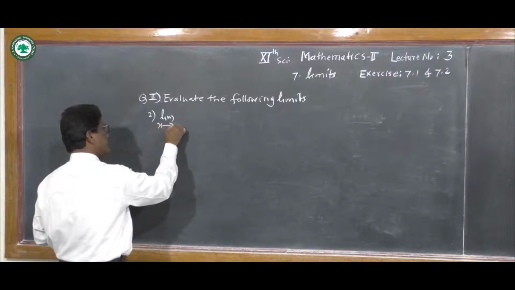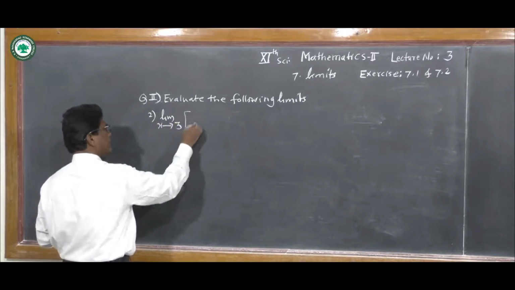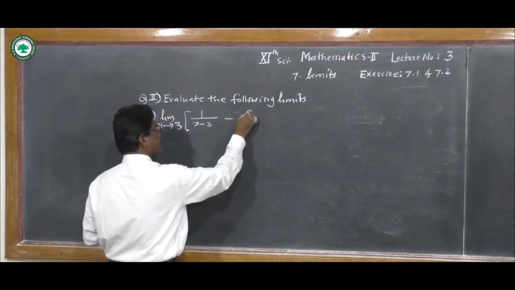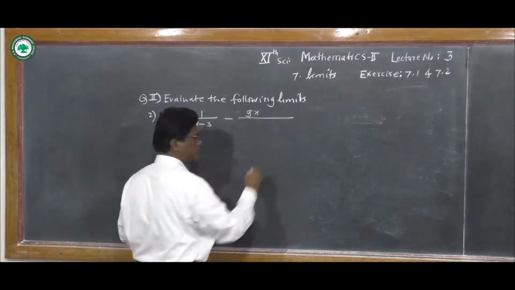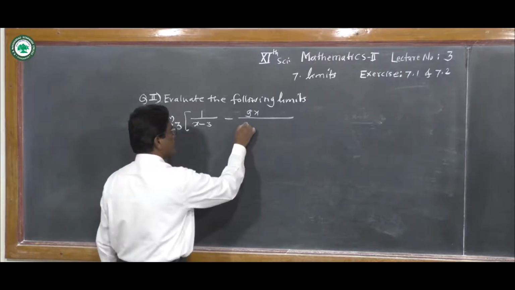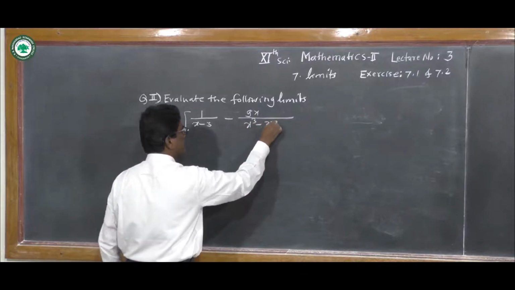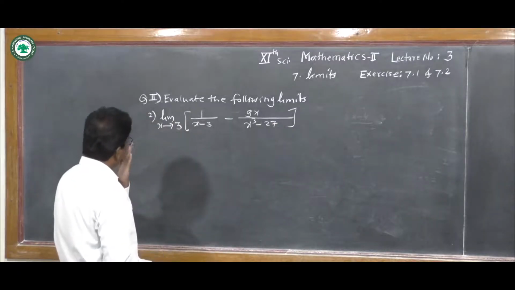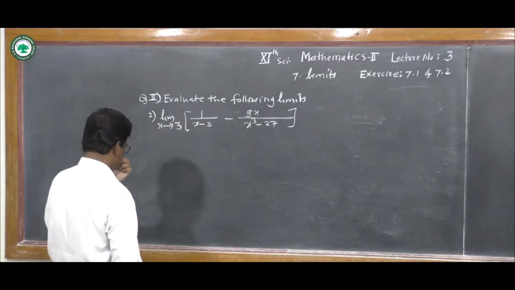Limit x tends to 3 in the bracket 1 upon x minus 3 minus 9x upon x to the power 3 minus 27. Okay, so how to solve this problem?